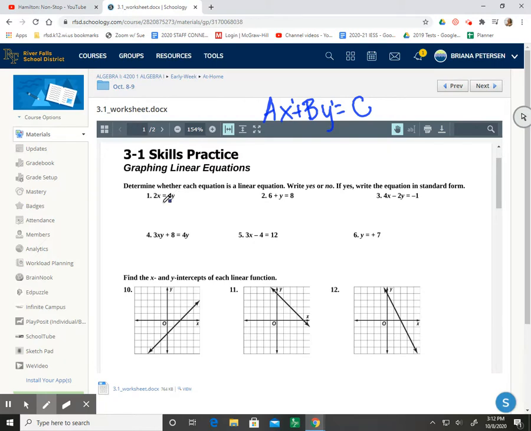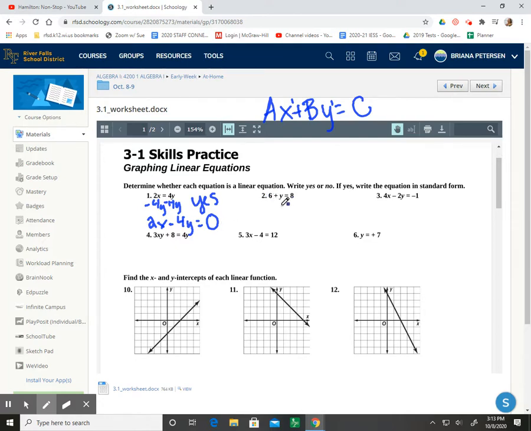If I want to move my 4y over there, I just subtract 4y from both sides. So now I have 2x minus 4y equals, well, 4y minus 4y is 0. All the numbers in front are integers, and a and b are not both 0. This would be a linear equation.